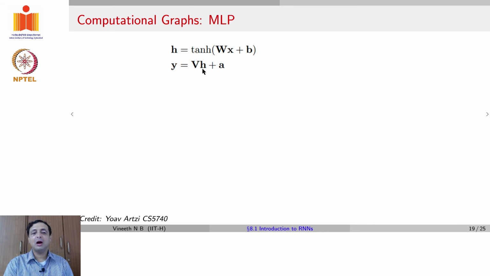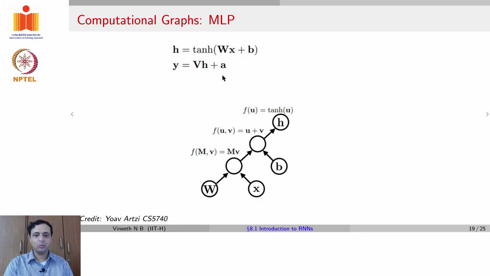Then you apply another set of weights V on h to give you your final output y, where b and a are your biases.